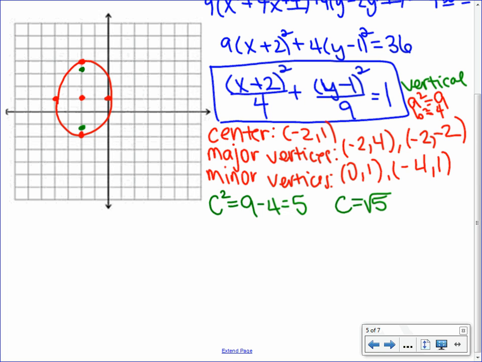Remember, they need to go along the major axis. So our foci, we moved vertically, so we're still at x is -2, but from our center of y is 1, we added the square root of 5, and from our y, we subtracted the square root of 5.